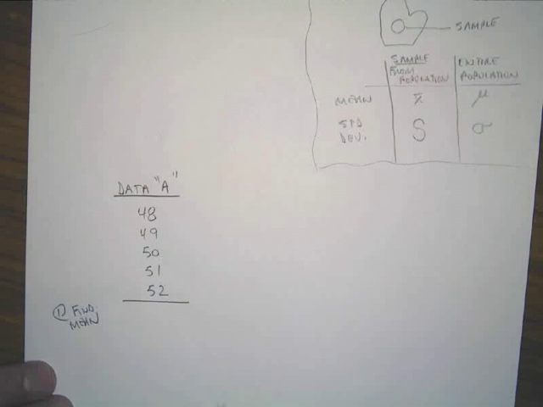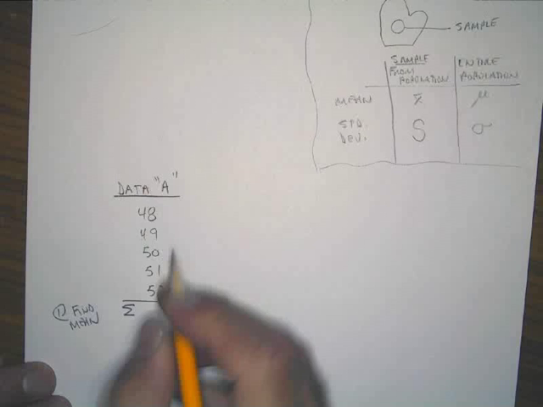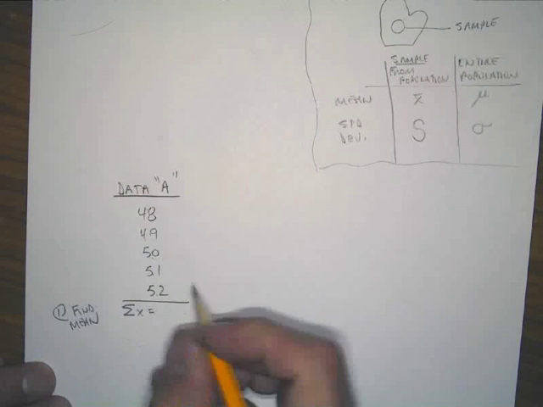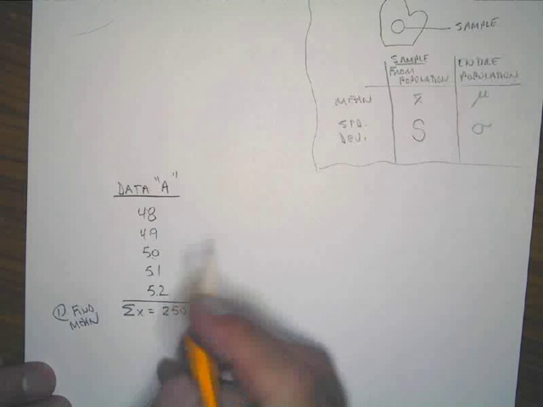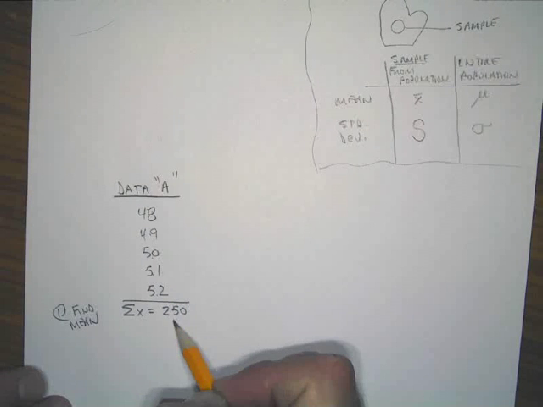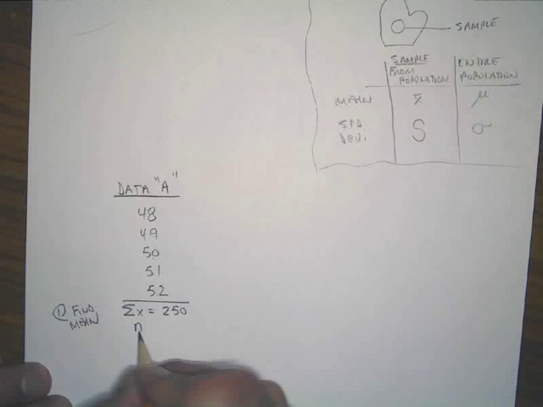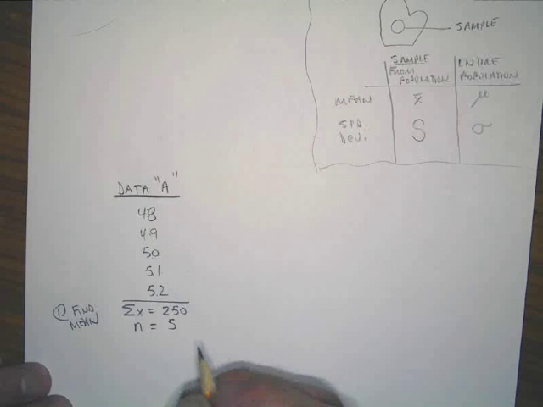So we're going to sum all of these data points, these x values, and when we do that, we get 250. 48 plus 49 plus 50 plus 51 plus 52 is 250. Then we need to know how many data points there are, n, and there's 5.